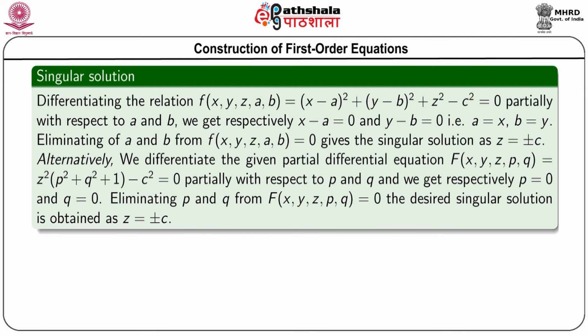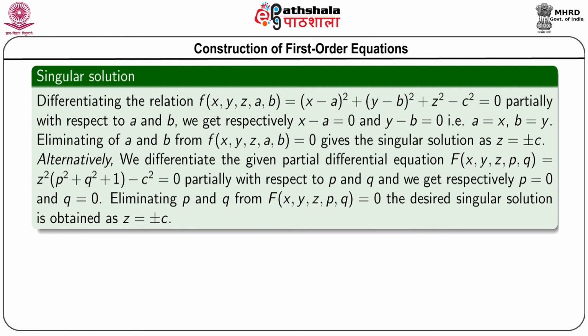Alternatively, one can find this singular solution from the given differential equation capital F(x, y, z, p, q) equals z square (p square plus q square plus 1) minus c square equals 0. If we differentiate partially with respect to p and q, we get p equals 0 and q equals 0.